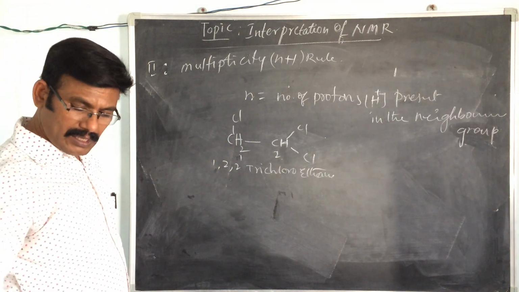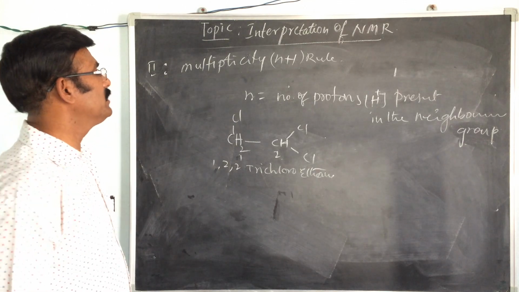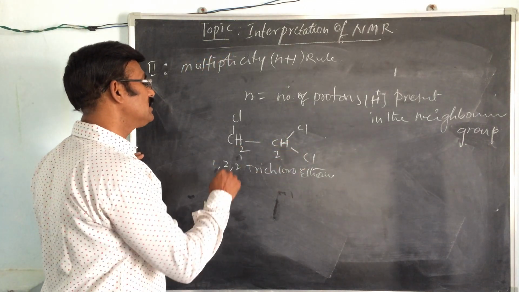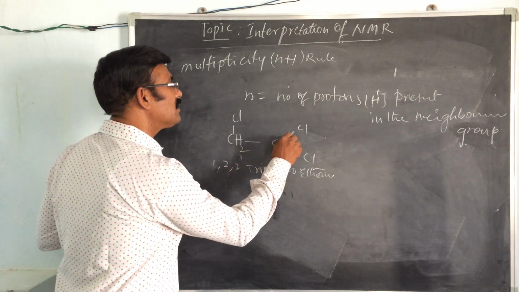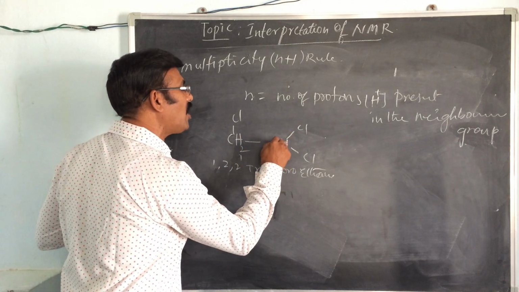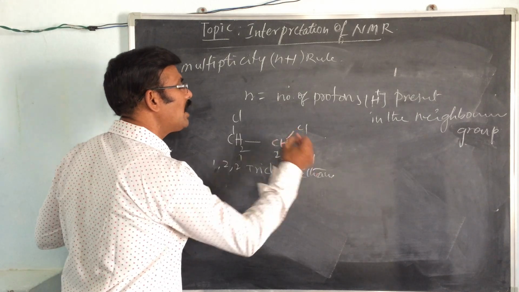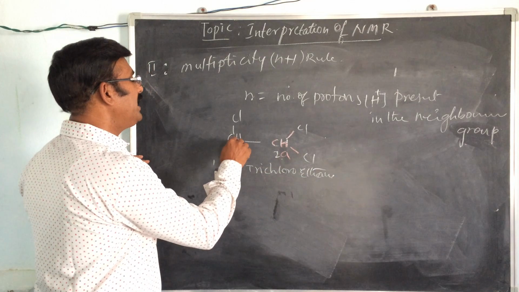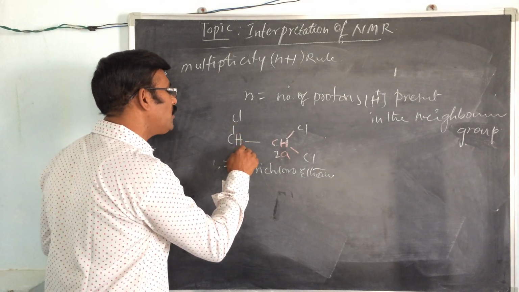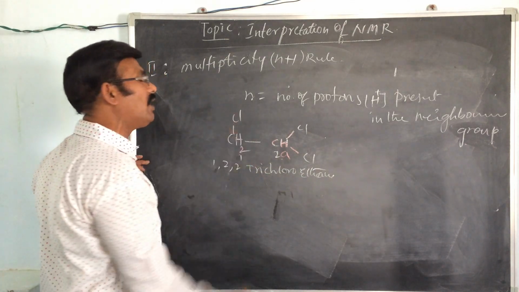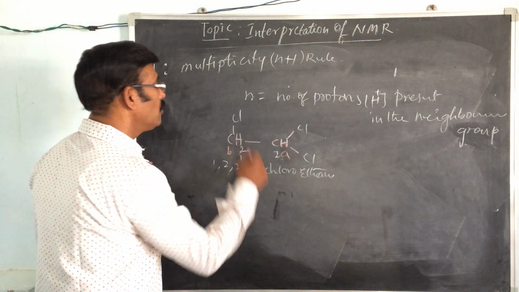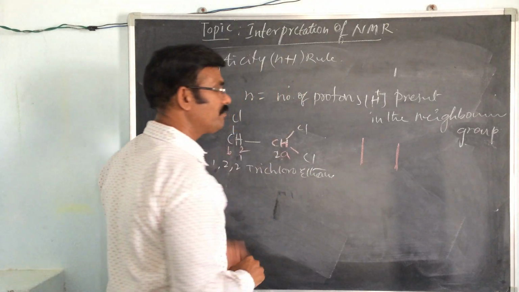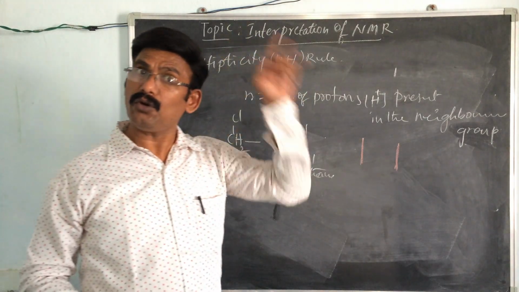Here, according to environment, what type of environment is there? How many peaks will come? See, here this hydrogen is attached with the carbon as well as 2 chlorine atoms. And here, these 2 hydrogens are attached with the carbon and 1 chlorine atom. This is the peak. So 2 peaks will come according to environment.